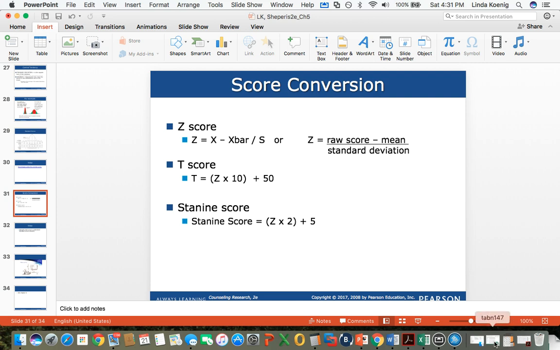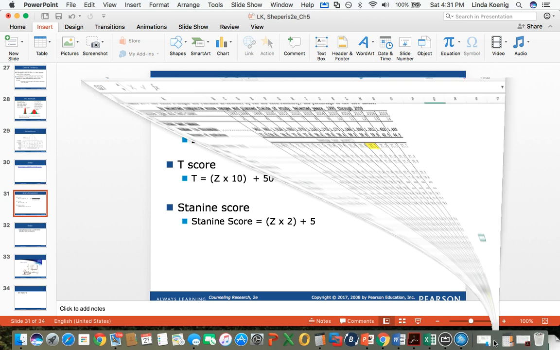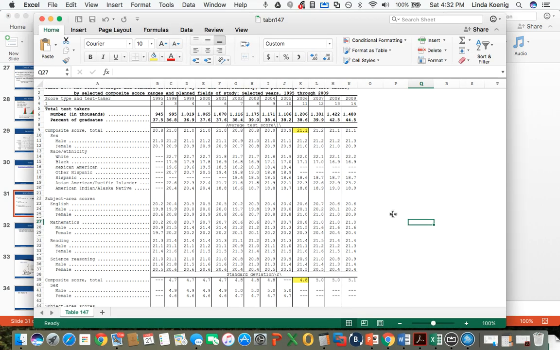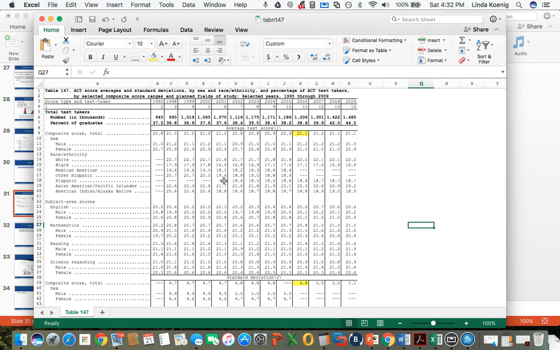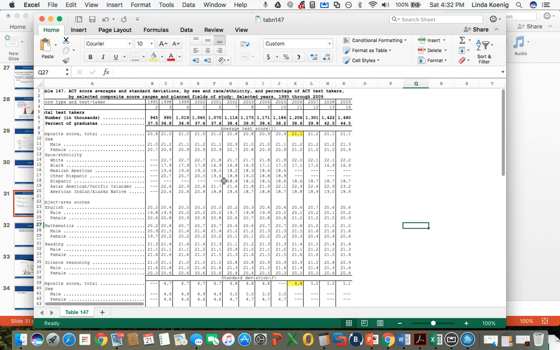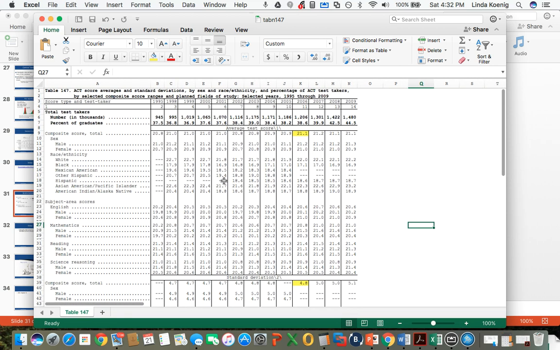I think I downloaded the wrong table, but for the purposes of demonstration, it doesn't make any difference. I thought this was 2006, so I'm using the 2006 table, but we're going to pretend it's 2011. This is from the ACT website.